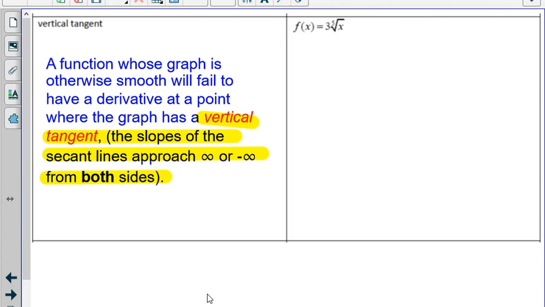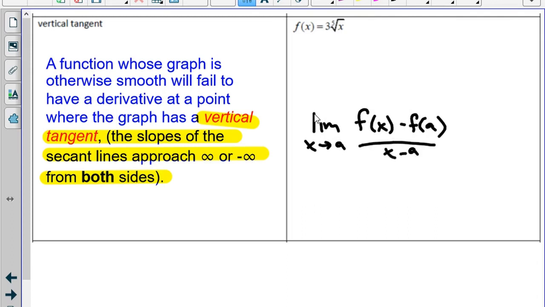And something that's kind of interesting about this is if you actually tried to do the limit as x approaches a of f of x minus f of a over x minus a, what you would find is if you took the limit from the left and the limit from the right, they'd both be infinity in this case.